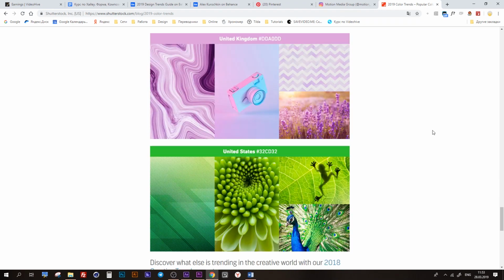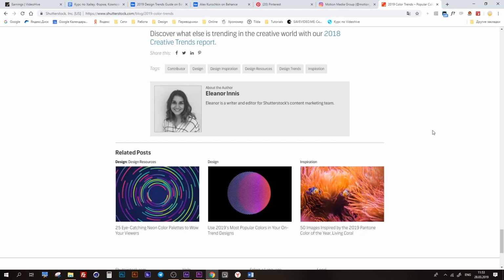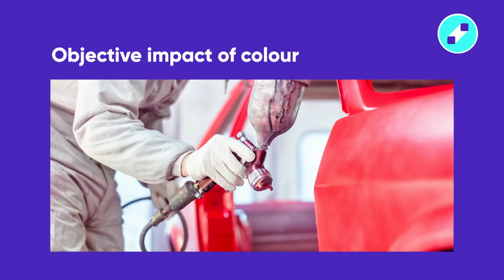So what influences all these people? What specifications? Impact of the color on the viewer can be objective, subjective, and psychological. Objective impact of color is based on activity of light waves. Different colors are created with different waves, but these waves themselves don't have any color.